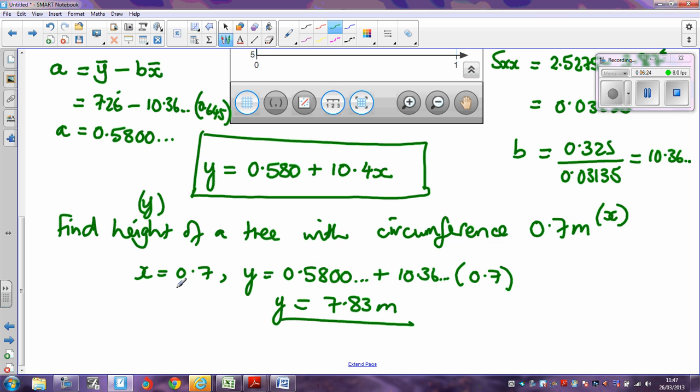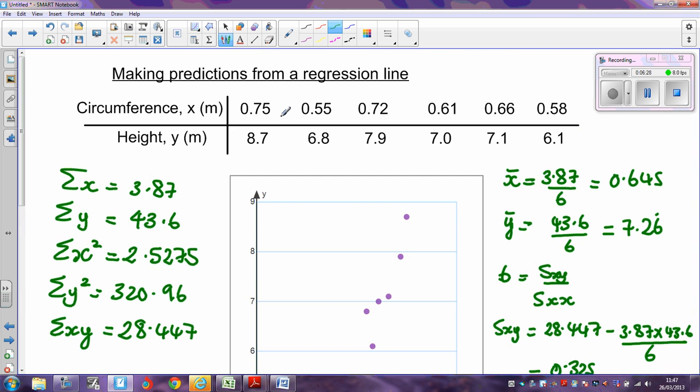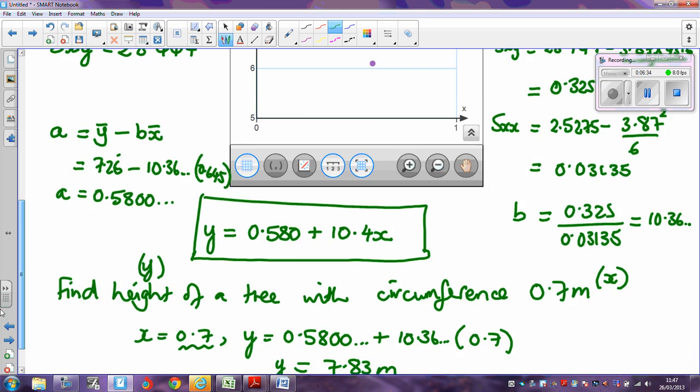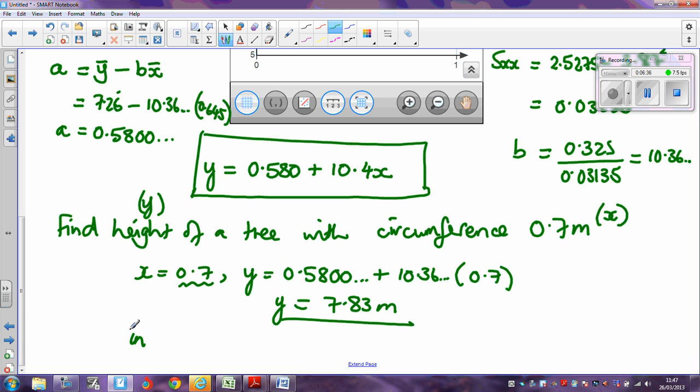The reason this is fine is because this x value 0.7 is within the range of the available data. So we're what's called interpolating. An interpolation means that you are reading off a graph or using an equation, but you are looking at the range of data which is available to you and has been tried and tested.